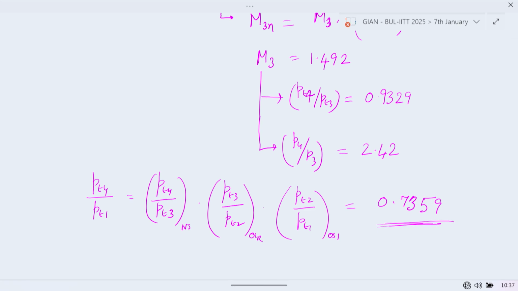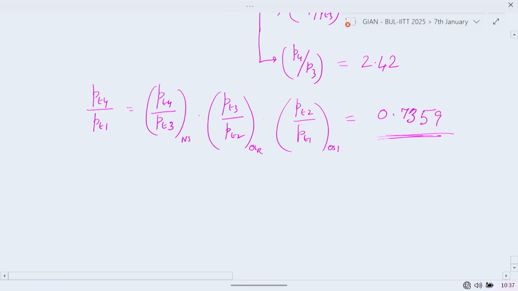You'll be able to appreciate this only when you find out the Mach number of the flight. It is 3. For M1 equal to 3, what is PT2 by PT1?